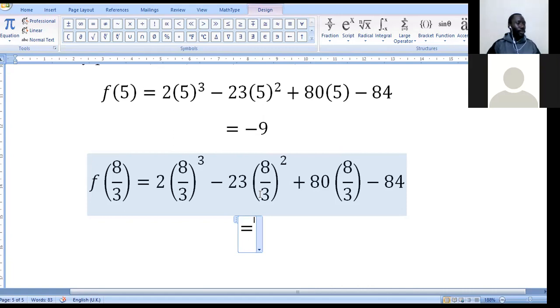But I just need to check something here. Let's do this. This is 2 times 8/3 cubed.